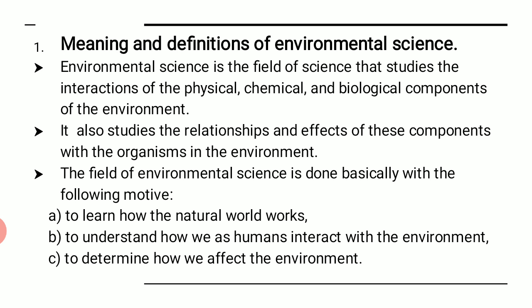It also studies the relationship and effects of these components with the organisms in the environment. First, it studies the physical, chemical, and biological components of the environment and their interaction. It also tries to see the relationship and the effect of these components, meaning how they are interrelated, and what happens if this thing goes like this or the other thing goes the other way around.